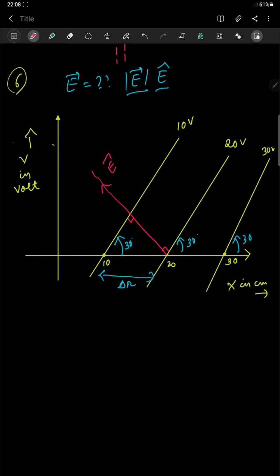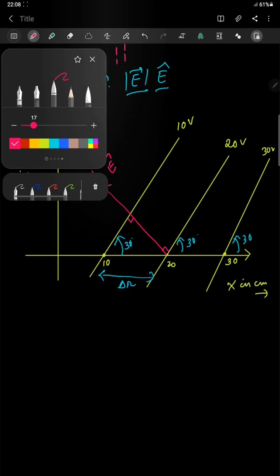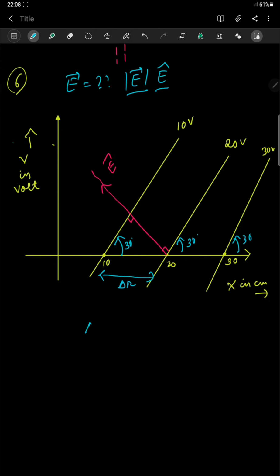Now we know an important relation which we have already read: delta V is equal to minus E vector dot delta R vector. They are a dot product. So if I expand it, it will be E delta R cos theta. And theta is the angle between your x-axis and your electric field.